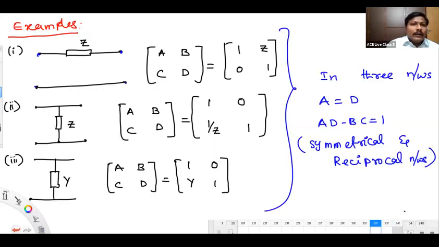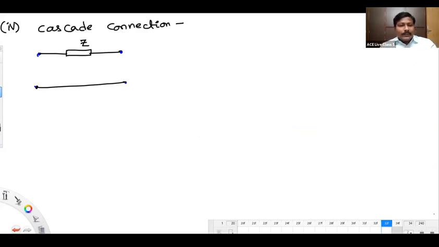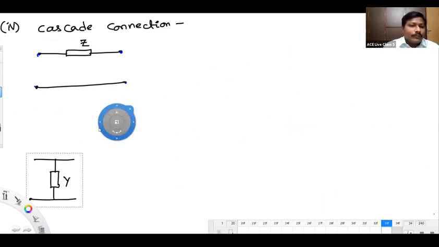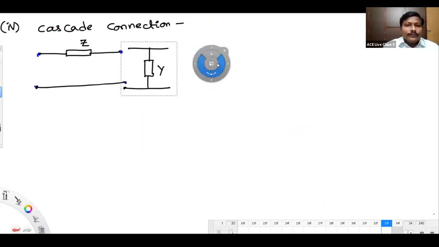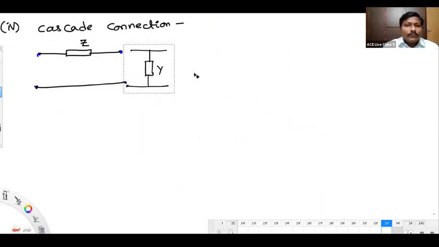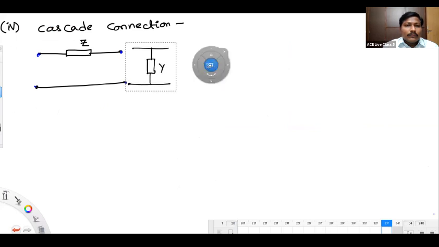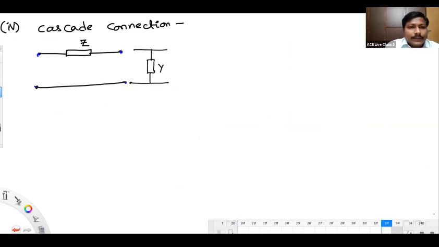For network 2, I take the shunt admittance. So network 1, series impedance, and network 2, shunt admittance, are connected in cascade.